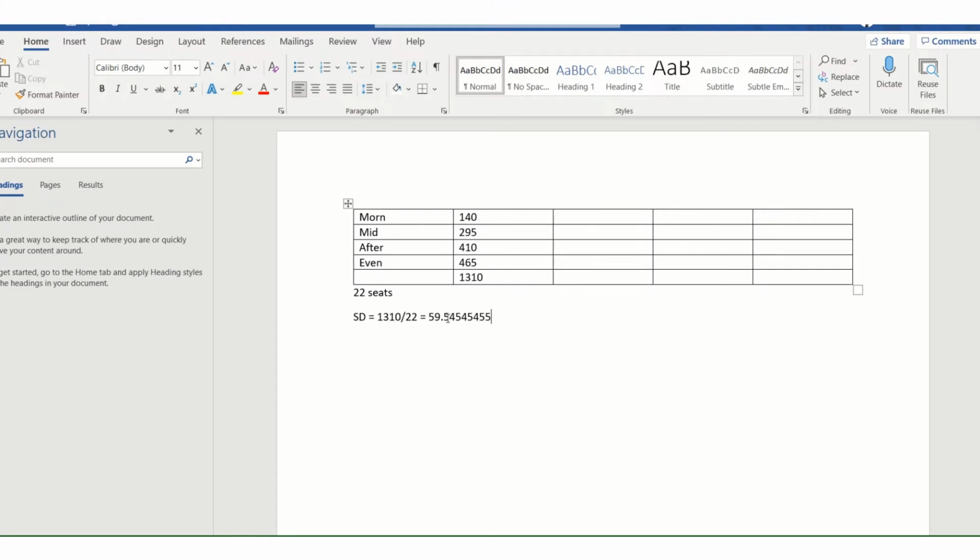Okay, so we need to take each one of these and divide it by that standard divisor. So I'll start with my 140. I take 140 and divide it by 59.54545455. I get, I'm going to take it out 4 decimal places, 2.3511.